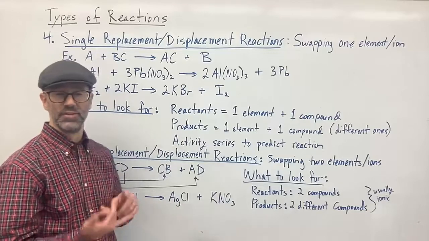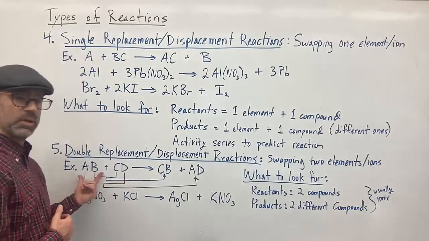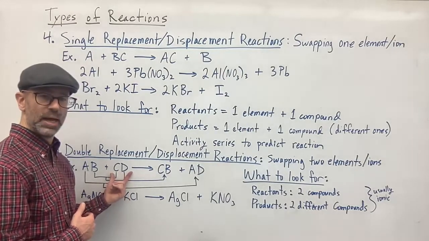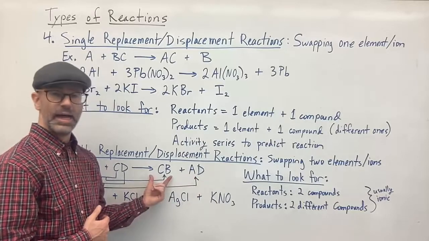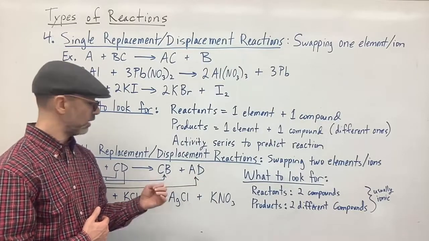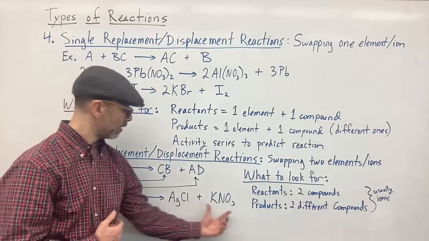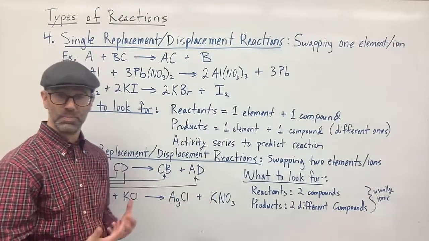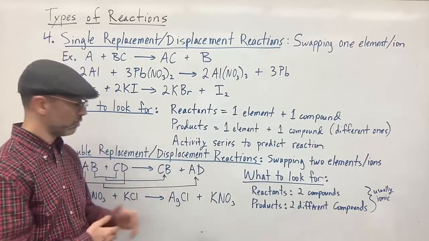If it's an acid-base neutralization reaction, if AB is an acid and CD is a base, then I could end up with aqueous and liquid water. Or if it's a gas production, right? Maybe it's a gas formation reaction. I might form a gas here, so that would be a reaction. So those are some of the things to look for in your replacement reaction.